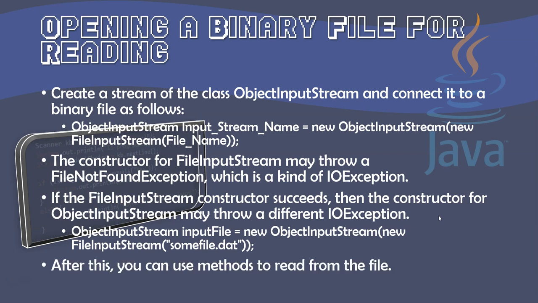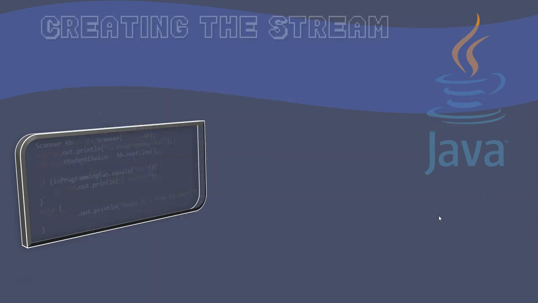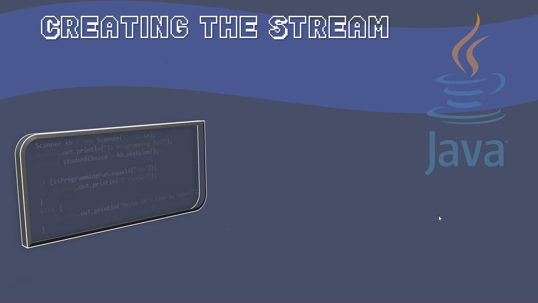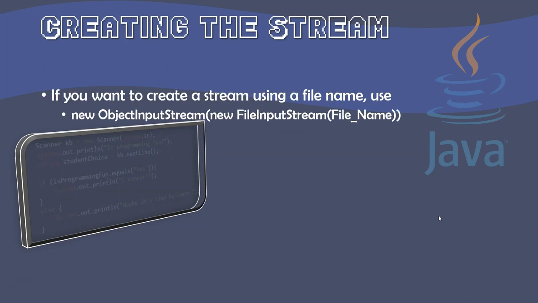And of course, once we have our file loaded in, we are free then to use the various methods to read from that file. So let's go ahead and talk about creating the stream. If we want to create a stream using a file name, we can just say new ObjectInputStream, new FileInputStream, file name, because that's just the second half of our constructor here.